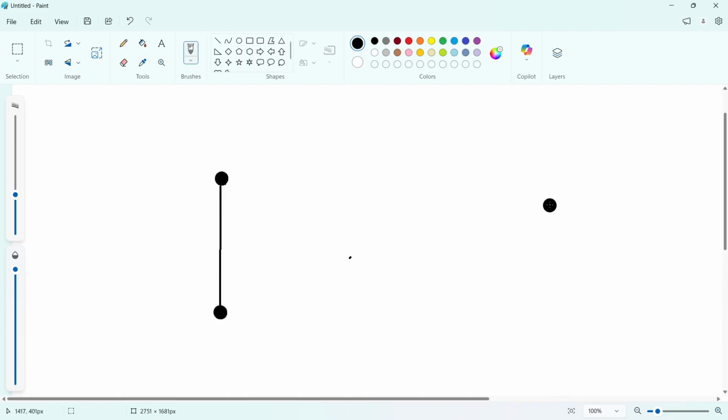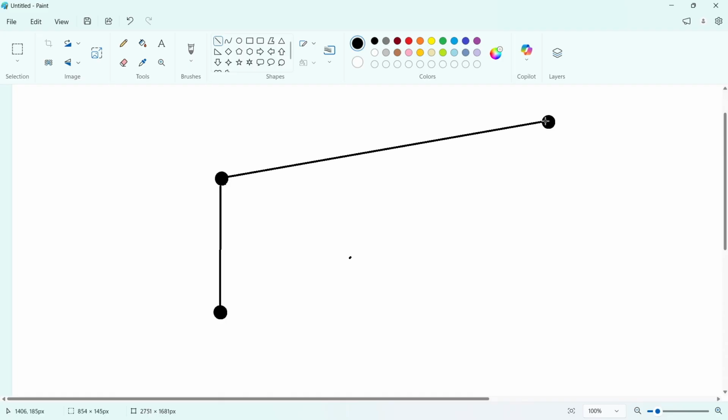If the point goes here, for example, let's go here.